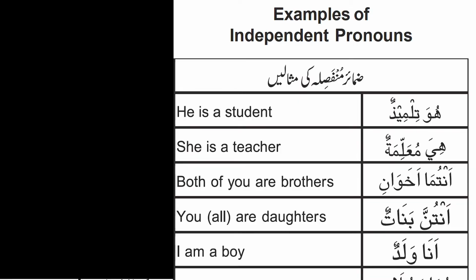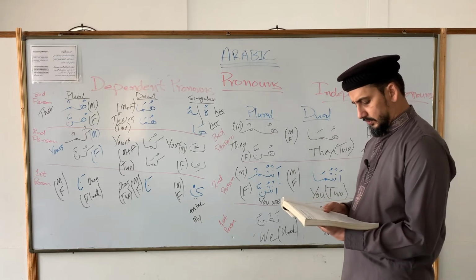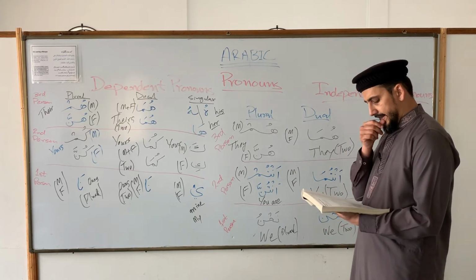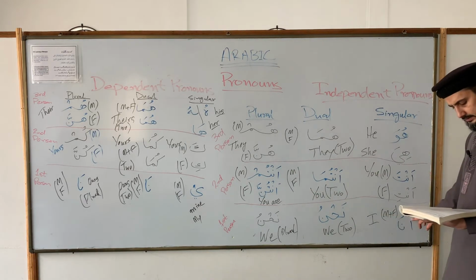Next, "ana waladun". You have to keep it short. This is one of those exceptional words in Arabic that we don't stretch, so instead of saying "ana", we say "ana" short. "Ana waladun", I am a boy. And this is "ana" from here.